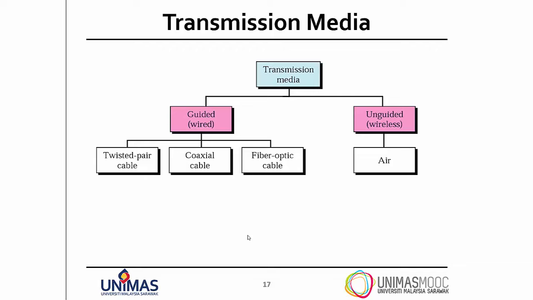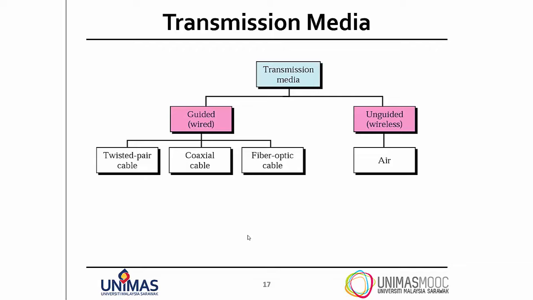One is what we call the guided media, and the other one is unguided media. Guided media is basically wired, and we can further divide this guided media into 3 subcategories: twisted pair, coaxial, and fiber optic. Don't worry too much about the technical detail of all these subcategories. Later I will explain it a little bit. But what is important, all this guided media is using physical material, something that you can touch and see.